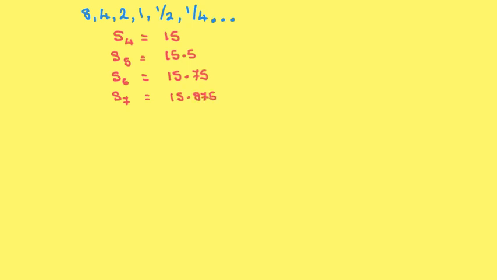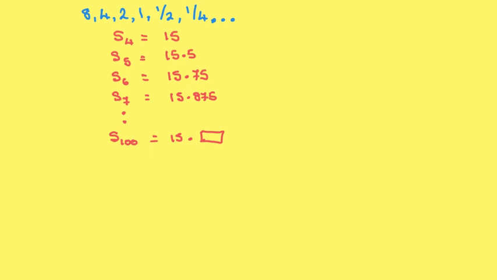It would equal 15.875. If you notice, it's always going to be 15 point something. You're just adding a little bit more each time. So if you sum the first 100 terms, it would be 15 point something.